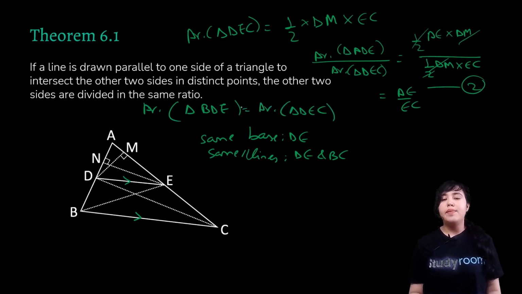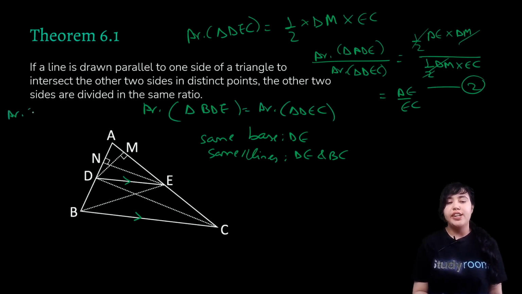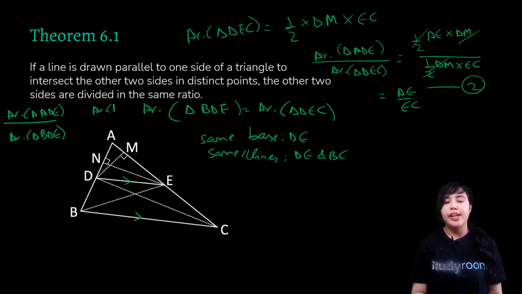Now if both of them have the same areas, then I told you that the first expression was area of triangle ADE upon area of triangle BDE, and the second expression was area of triangle ADE upon area of triangle DEC.